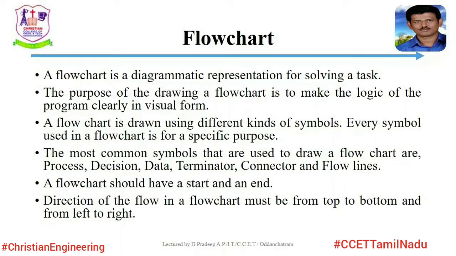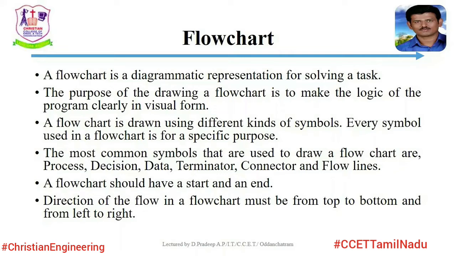Next logical step representation is flowchart. It is a diagrammatic representation for solving a task. The purpose of drawing a flowchart is to make the logic of the program clearly visible. The flowchart is drawn using different kinds of symbols. It may be process, decision, data, terminators, connectors, and flow lines, etc. Every flowchart should have a start and an end.